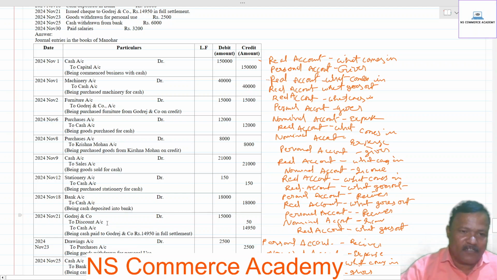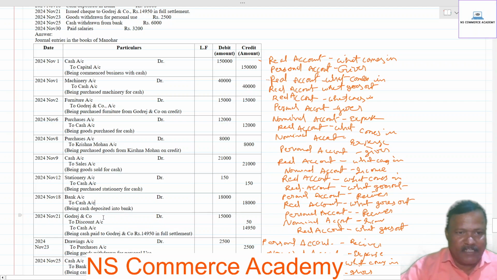Okay. So discount is a subgroup of the main account, cash account. Okay. Godrej account debit 15,000 to discount account 50 rupees to cash account 14,950. Being cash paid to Godrej and Company rupees 14,950 in full settlement.